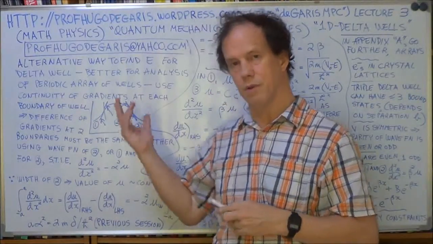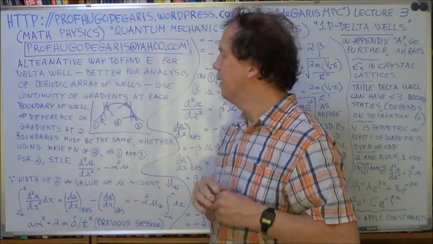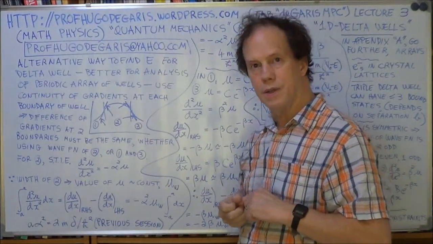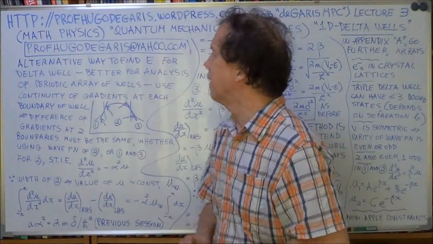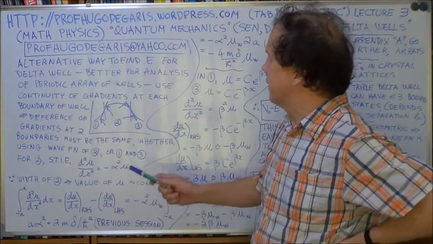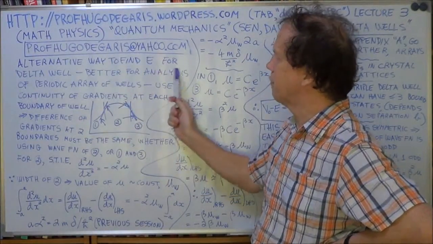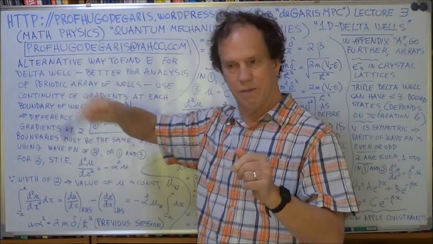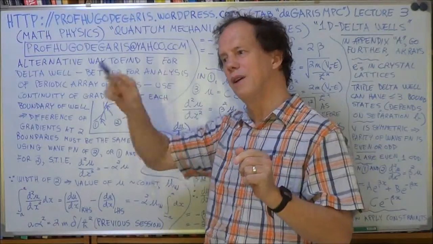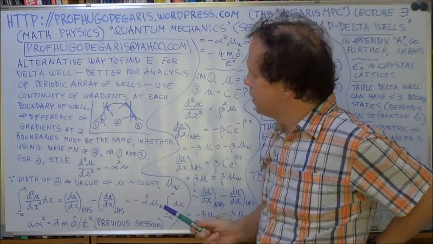So, of course, we'll use the analysis and this new technique we'll do today for analysing the case of 3 delta wells. And this technique is better for analysing when you have a periodic array of spike wells or delta wells.